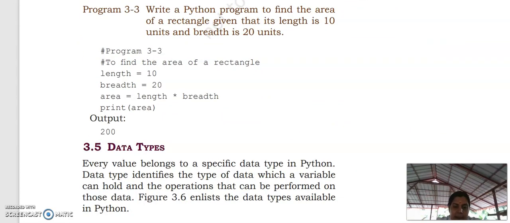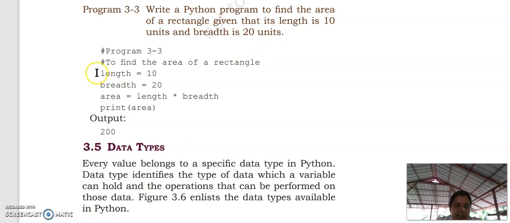And there is another program which is used to find the area of a rectangle. You know, area of a rectangle can be found by using the equation length into breadth. So we have to give two inputs. Input means the values which are supplied by the user. So to find the area of rectangle, we have to give two inputs, length and breadth.